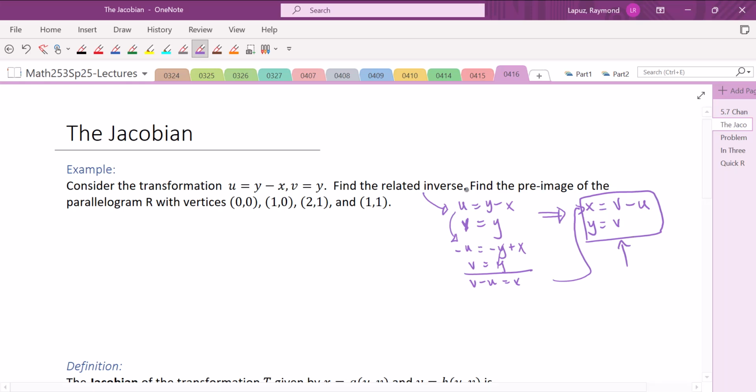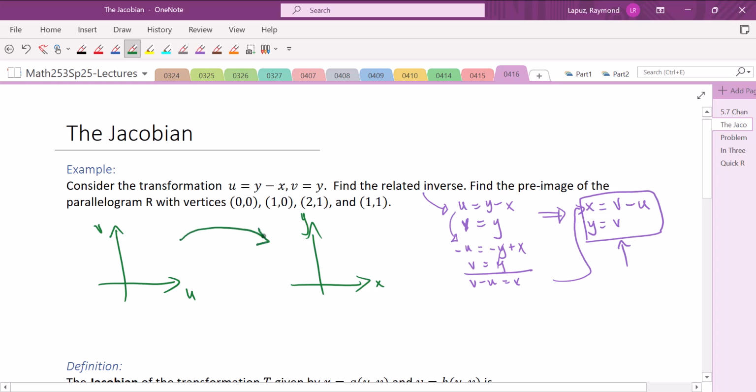Now, for the next part, find the pre-image of the parallelogram with vertices that look like this. So the pre-image tells us that we're going to create a transformation where we have xy here and uv here, and our transformation goes this way. That means this is the transformation we're actually looking at: x is equal to v minus u, and y is equal to v.